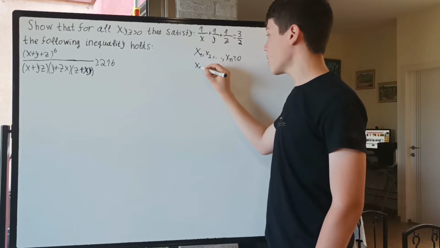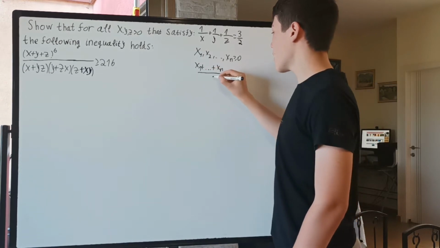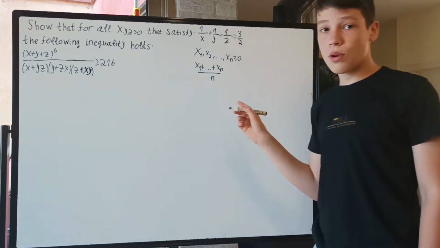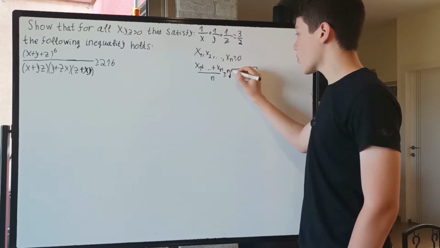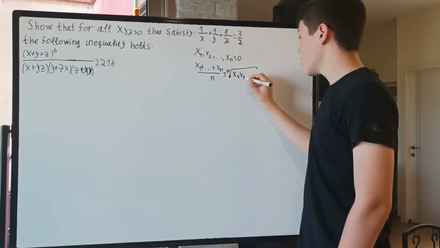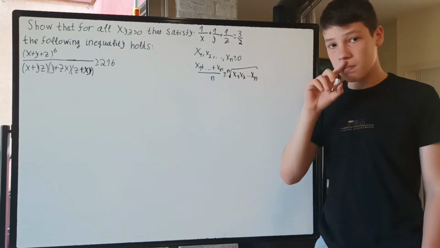They satisfy that the sum of them divided by n, so their arithmetic mean, has to be bigger than or equal to the nth root of their product, which is their geometric mean.